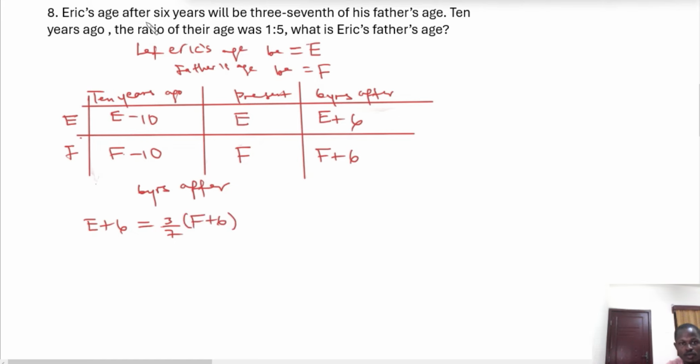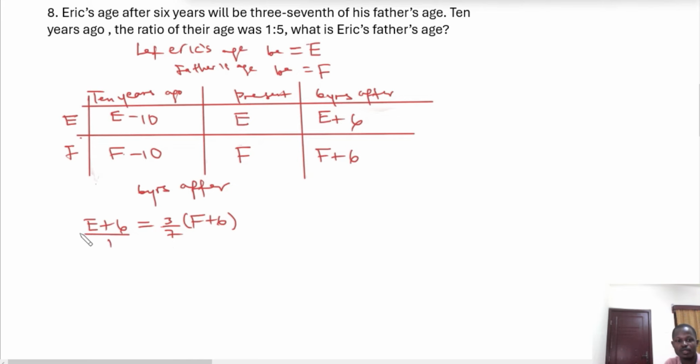Eric's age after 6 years, E plus 6, will be equal to 3/7 of his father's age, which is F plus 6. So we've interpreted this first statement. 3/7 of means multiplication, so we're going to multiply this. So here this is upon 1.